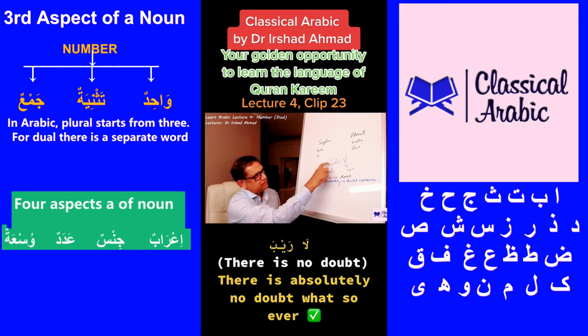So this special construction, this la is of many types, and we will learn with time. And this is one type of la which has been used here in this construction, and this rayb has been used raiba, not raibu, not raibi, not raibun, not raiban, not raibin, neither al raibu, al raiba, or al raibi.